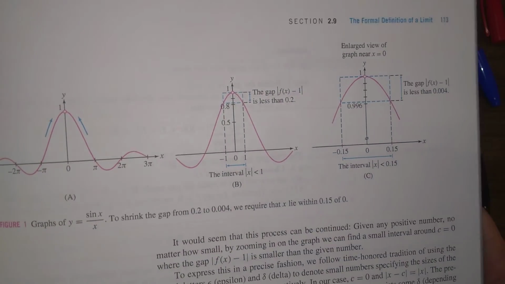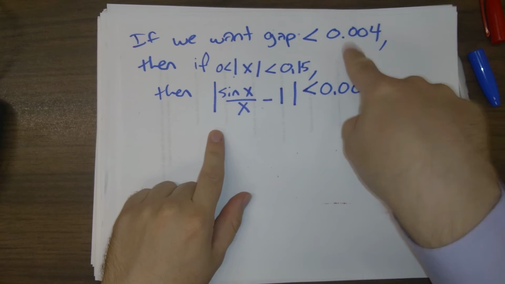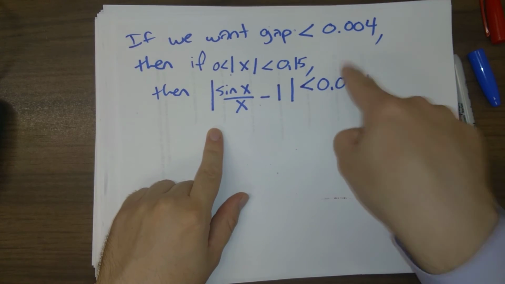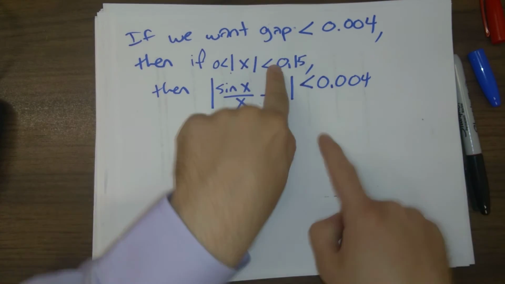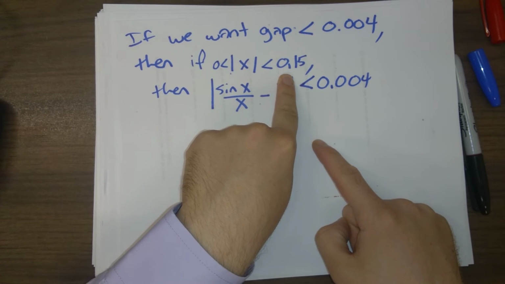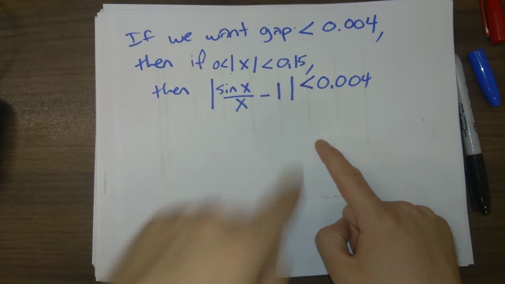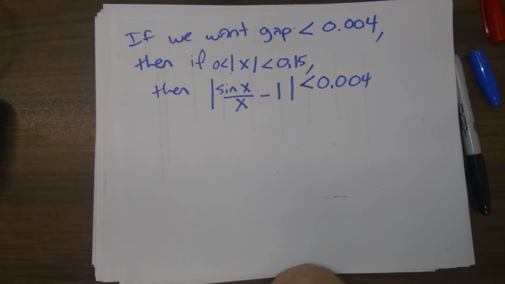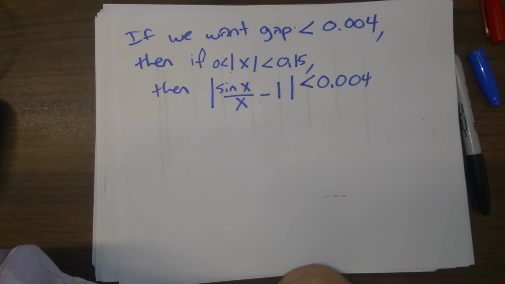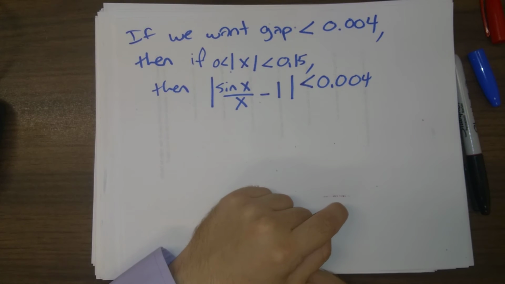So once again, if I told you, here's how small I'm demanding the gap to be, you can say, okay, here's how close to 0 I can make x: if the absolute value of x is less than 0.15, then we can satisfy the gap condition.